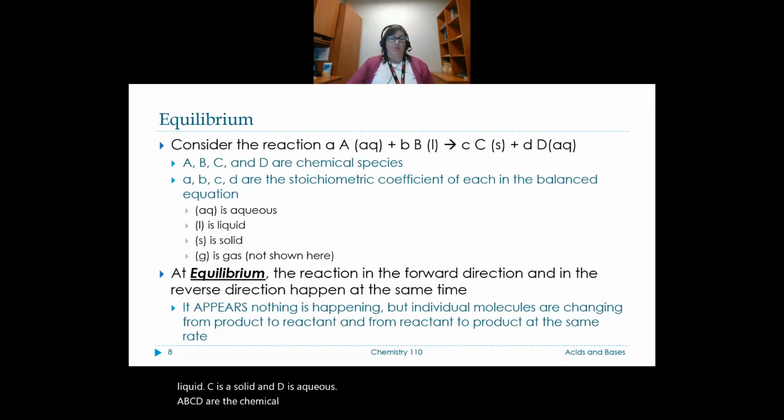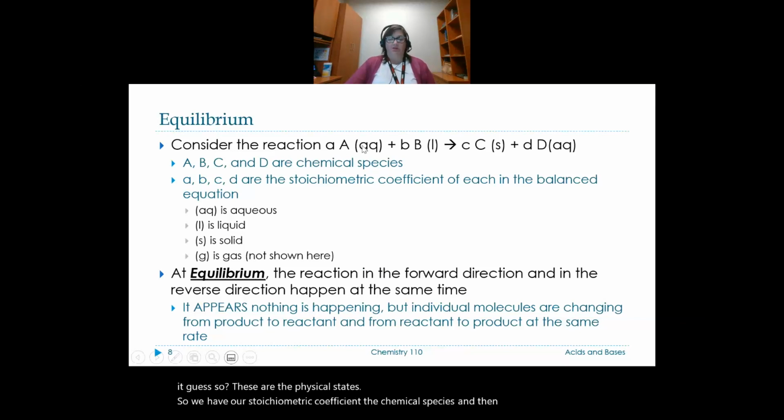The small a, small b, small c, small d are the stoichiometric coefficients in the balanced equation. AQ stands for aqueous, L is for liquid, S is for solid, and G, which is not shown in this example, is a gas. So these are the physical states. So we have our stoichiometric coefficient, the chemical species, and then the physical state.